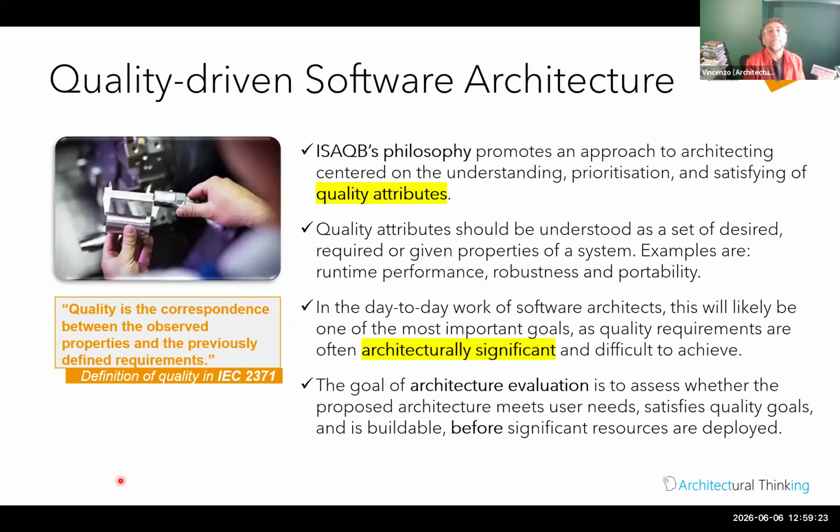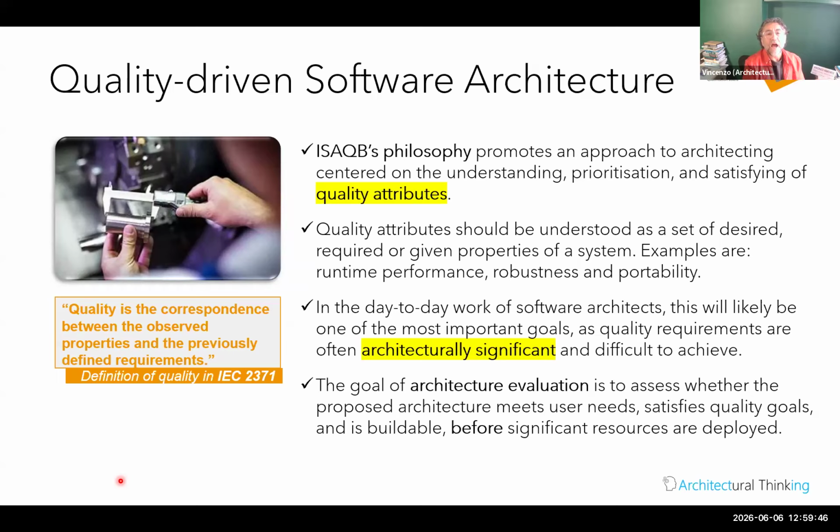iSAQB's philosophy promotes an approach to architecture which is centered on the understanding, prioritization, and satisfying of quality attributes. Quality attributes have a significant impact, in fact disproportionate compared to the functional needs, on the architecture of the system.